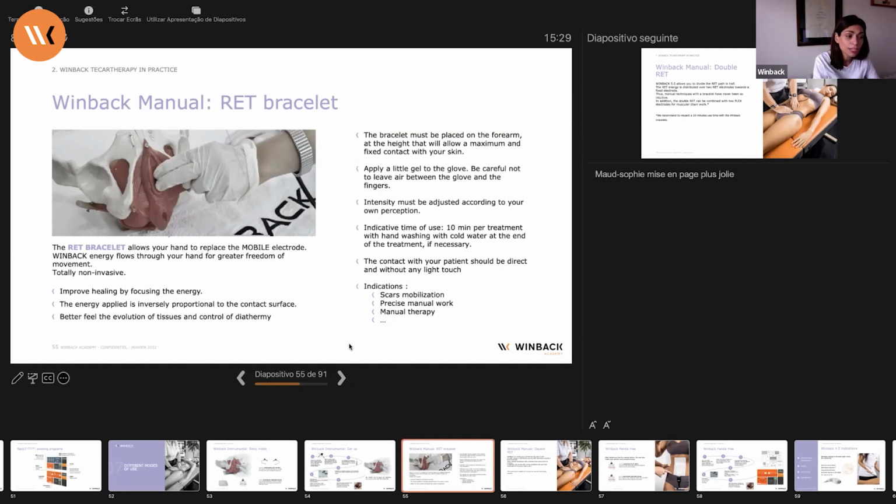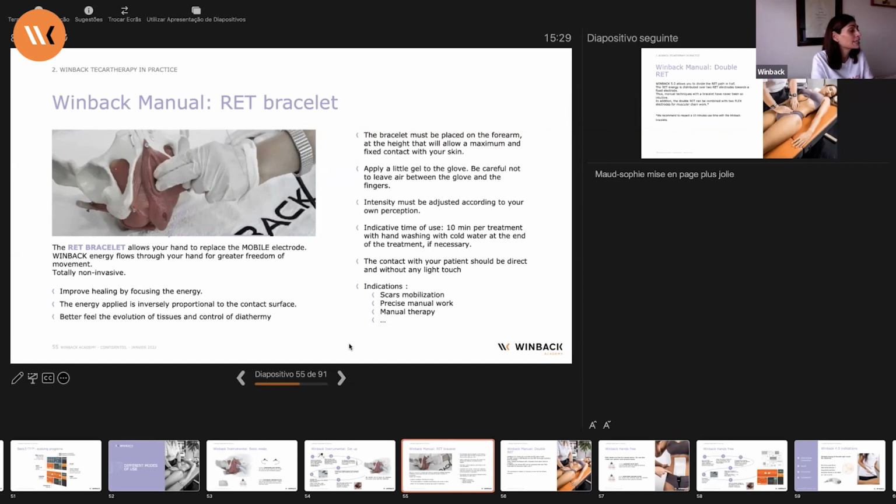And the contact with the patient should be direct, without any light touch, okay? When you give a light touch, you're already closing the circuit. So you have to make a confident touch on the patient. So the indications of this manual use are scar mobilization and precise manual work when you need to know what you're doing, like the first stretch to induce the contraction, the massage of the perineal area, or all the manual therapy that you use.